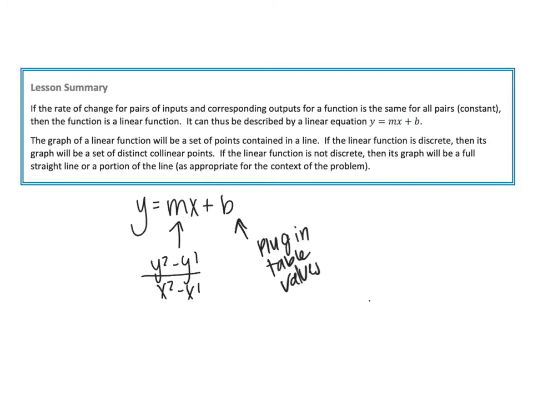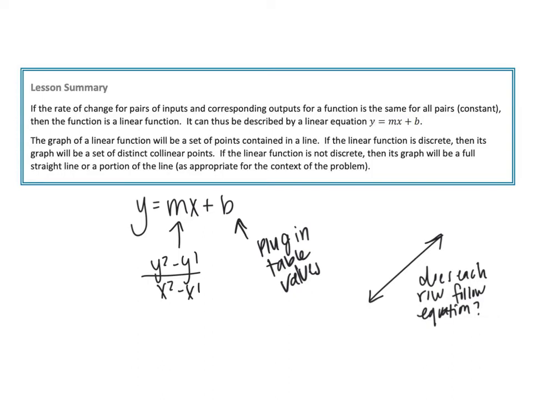We know that a line is linear if every row in the table follows the equation. And we know that our equations are linear if there's no exponent attached to our variable. Okay? Let's go ahead and move into some practice.